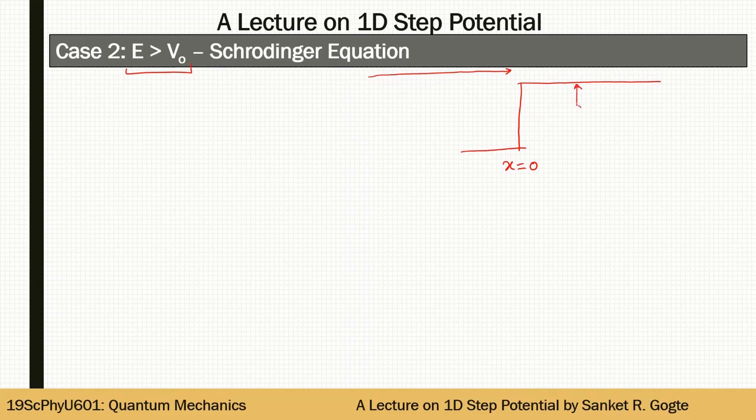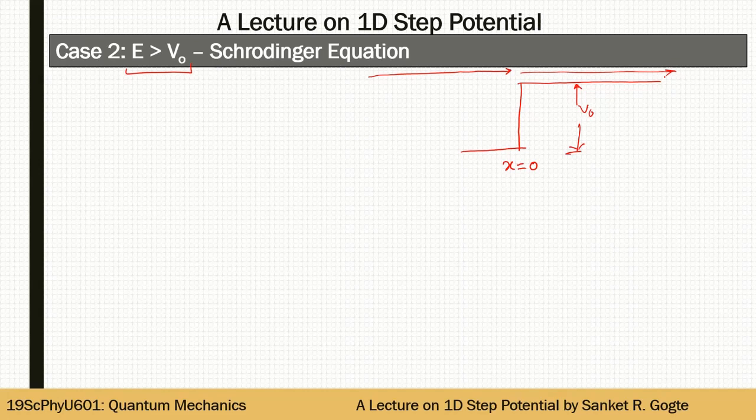This height, remember, is V0. If we try to guess what the classical results are in this case, since the particle has positive kinetic energy even in region 2, the particle will continue to move in the same direction. There is no chance classically that the particle is reflected from the boundary.